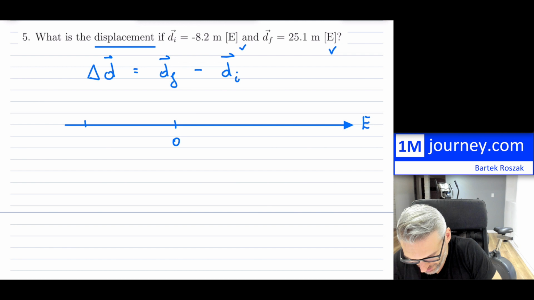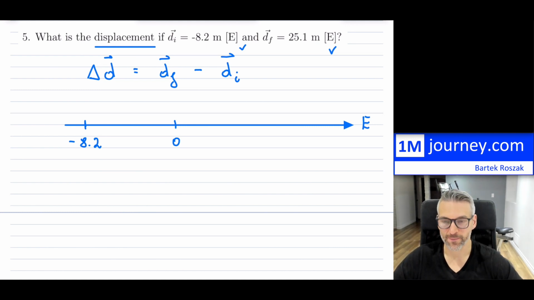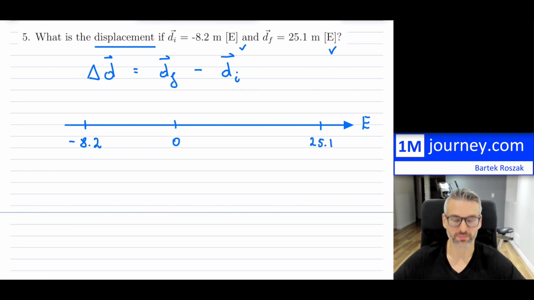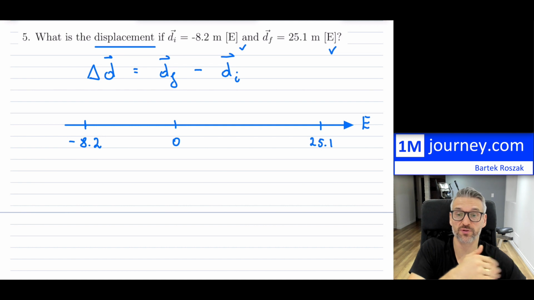So it's going to be right here, negative 8.2, all in meters, by the way. And then your final one would be much further than this because it's not scaled, but this is 25.1, on the positive side. When the numbers are positive, it's going to be on the east side with respect to the 0.